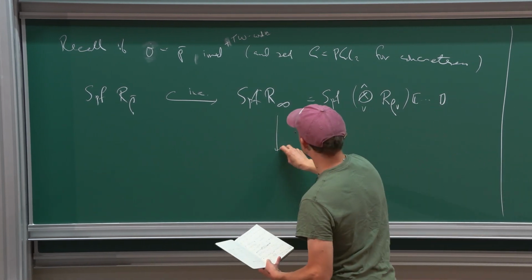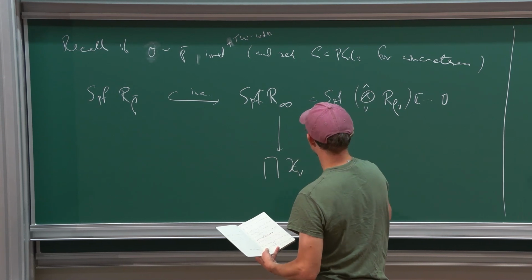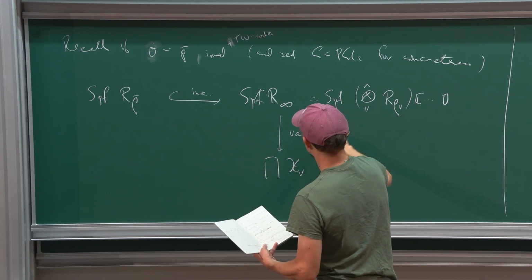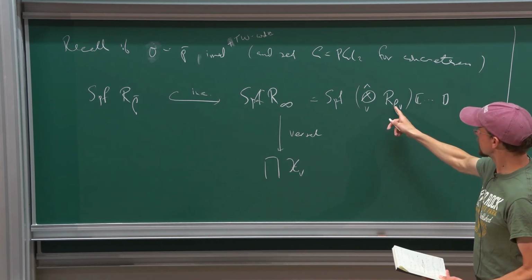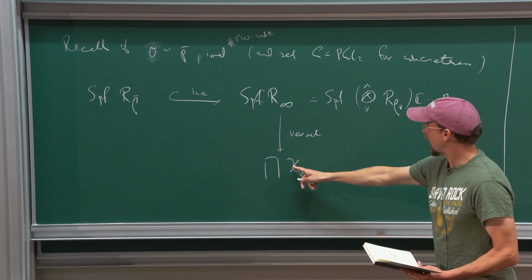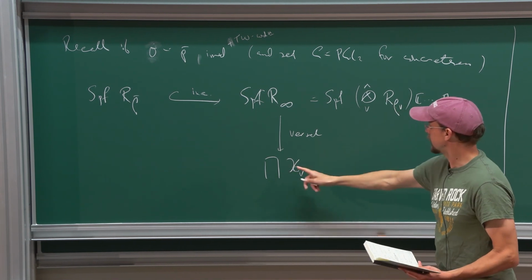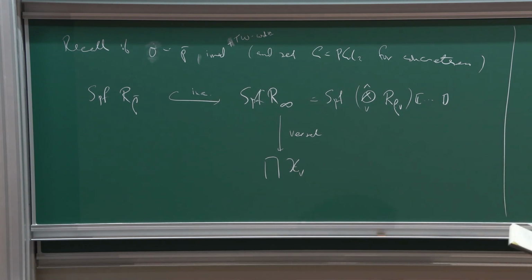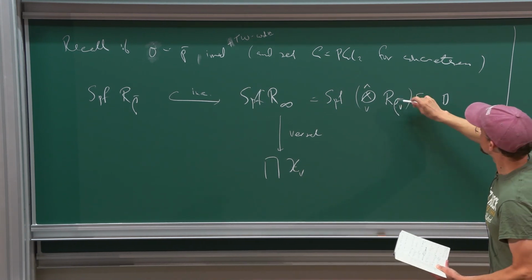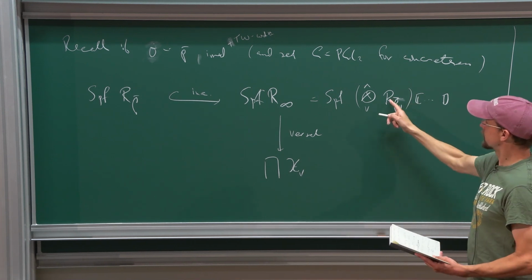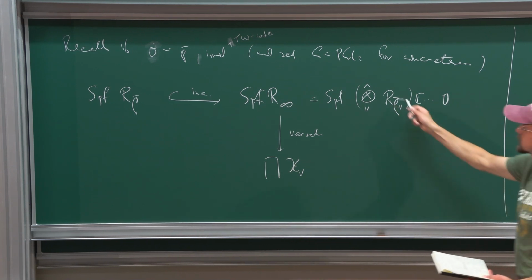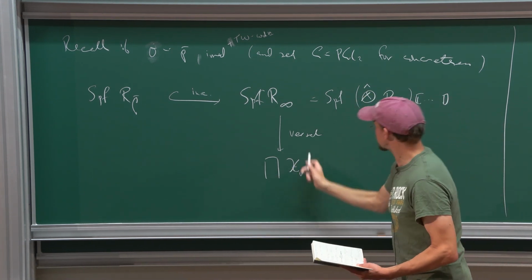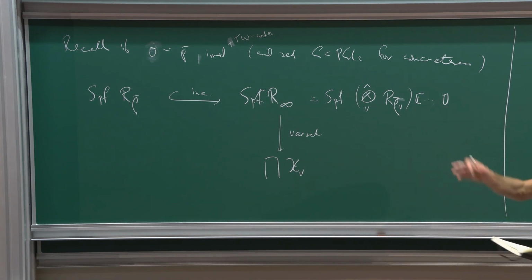And so that maps to the product of these X_v's, and that's versal, because this deformation ring is versal to this stack at the point rho bar. So this product is versal to this product. And then these power series variables just add something smooth, and so that doesn't change versality.